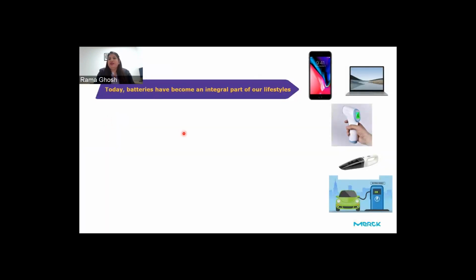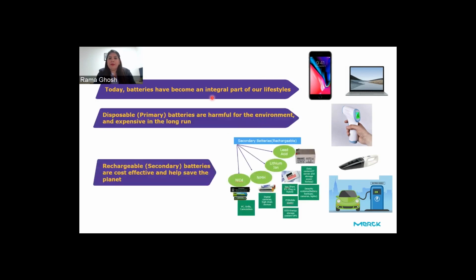Battery today is an integral part of our life. It powers our life wherever, whenever you need it. As you all know, there are two types of batteries, primary and secondary. Primary batteries are very expensive as compared to secondary, also harmful to the environment. I believe you all know that nearly 15 billion primary batteries are thrown across the world every year, and finally they end up in landfills.